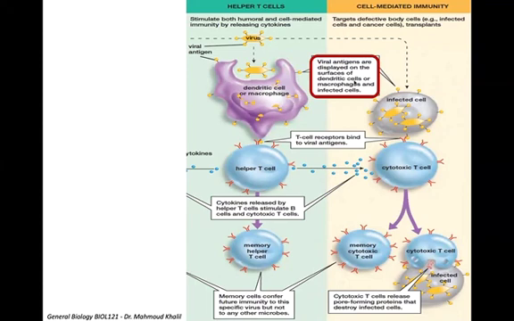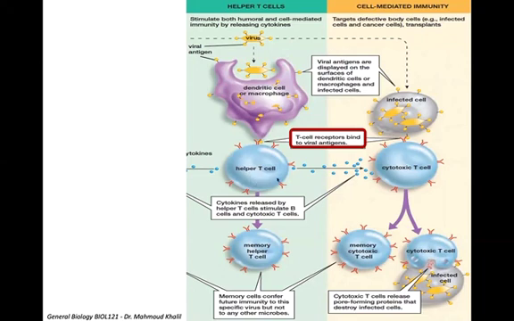Soon after that, there is also a virus-infected cell. You can see that the antigen-presenting cells have activated the T helper cell, because the T helper cell, by its T cell receptor, can bind to the viral antigen expressed on the antigen-presenting cell.